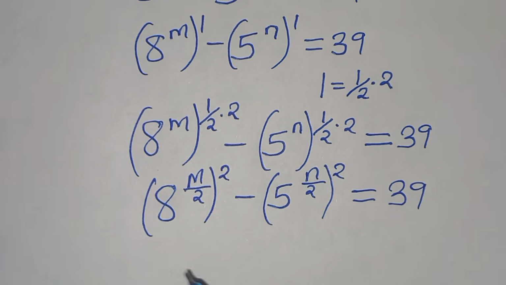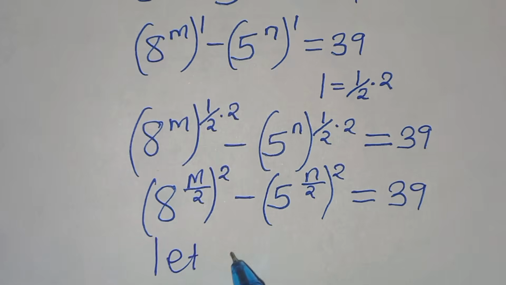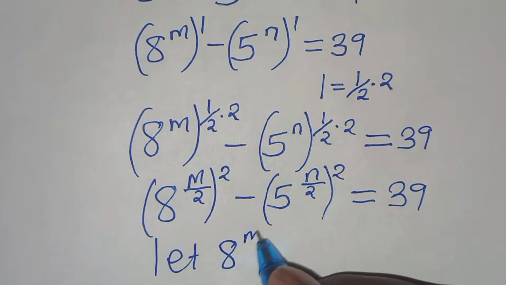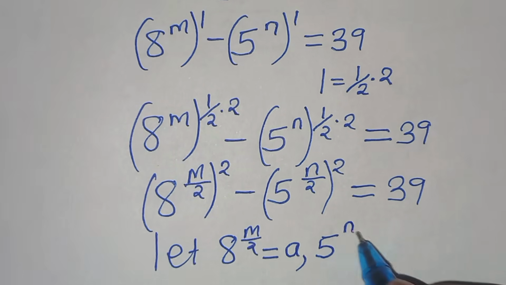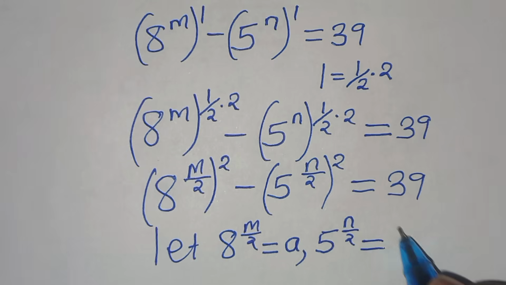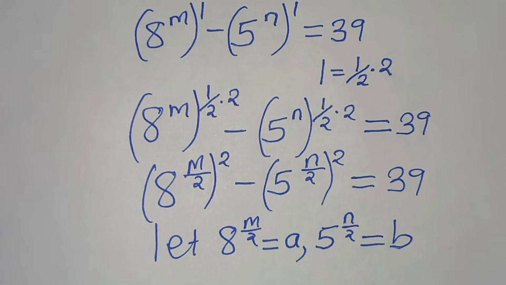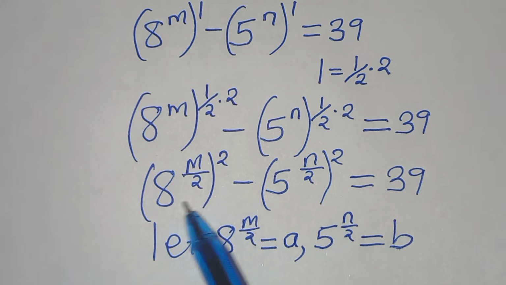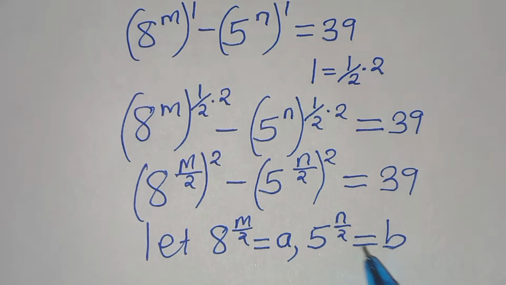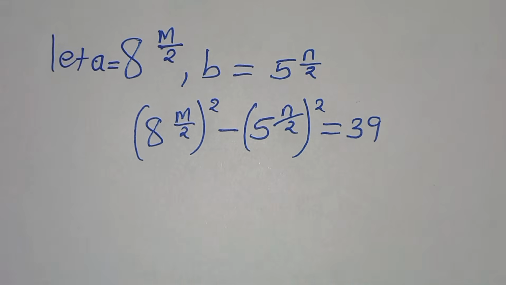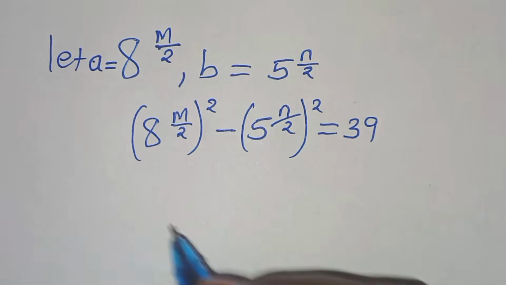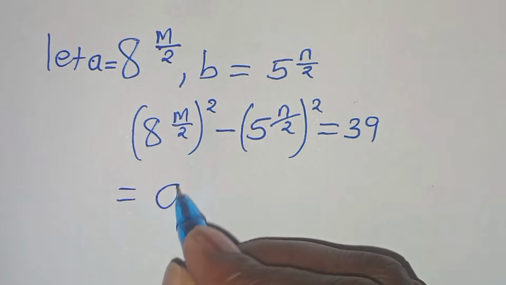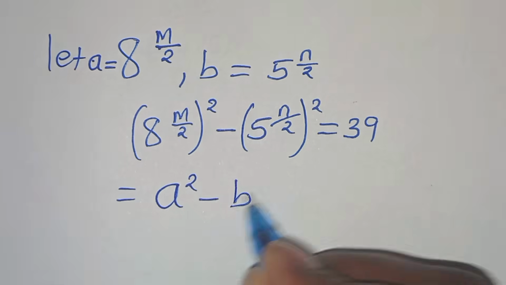The next step is that we can let 8 to the power of m over 2 be equal to a, and we can let 5 to the power of n over 2 be equal to b. Now, expressing this equation in terms of a and b, we have a squared minus b squared.